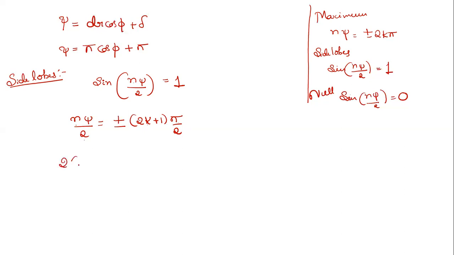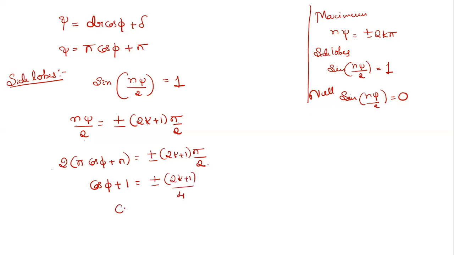So I will directly write 2 into pi cos phi plus pi equal to plus or minus 2k plus 1 times pi by 2. You can bring 2 here, take out pi and cancel it out. So I'll directly write the equation cos phi plus 1 equal to plus or minus 2k plus 1 divided by 4. So cos phi will be plus or minus 2k plus 1 by 4, minus 1.